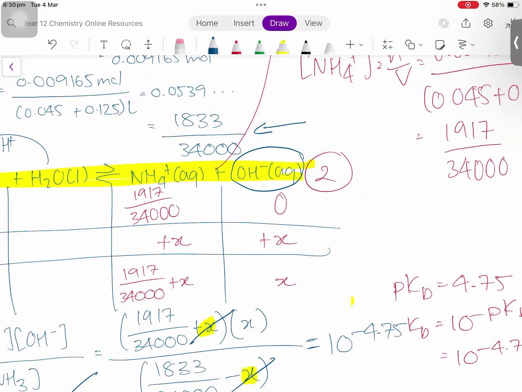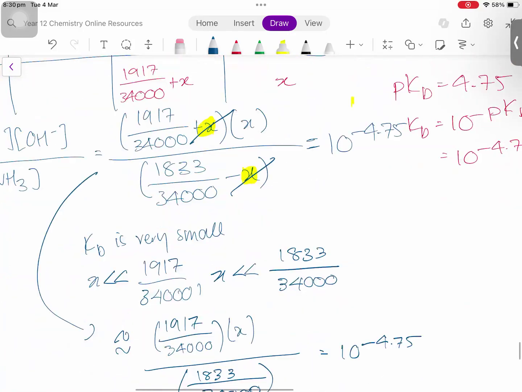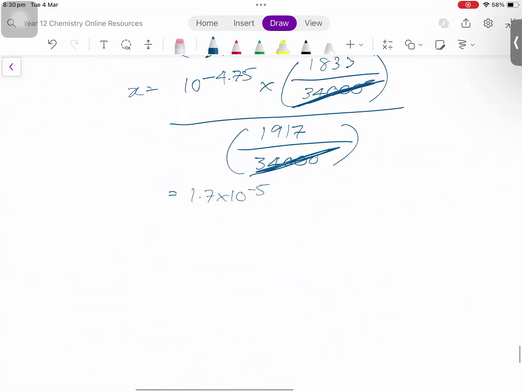So guys, in this case, I don't calculate pH straight away. What do I calculate first instead of pH? Yeah, because I've got a base in excess, I calculate pOH first.